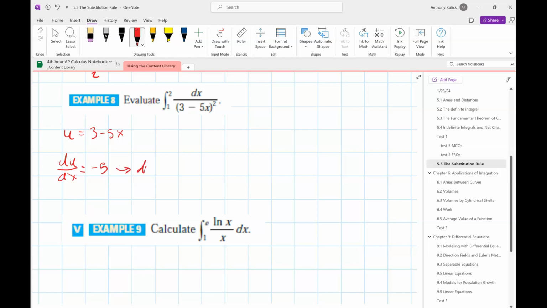And then du is -5 dx, but that doesn't work for me because I don't have a -5. So I have that. And now I'm going to do u of 1, the lower bound, and then u of 2, the upper bound.